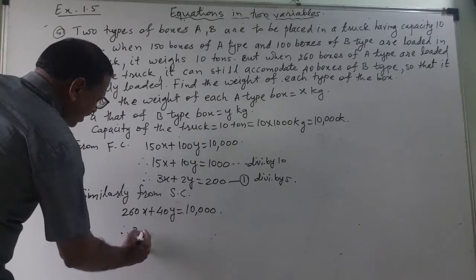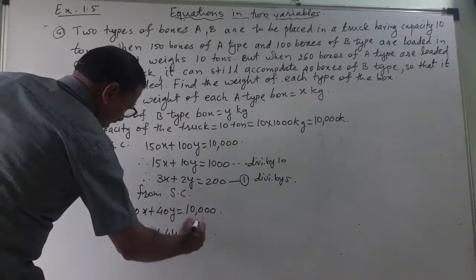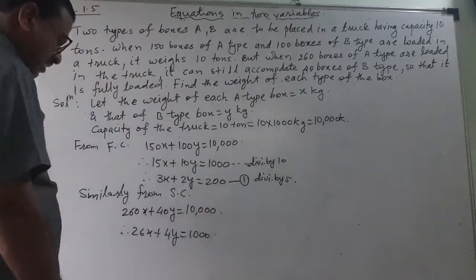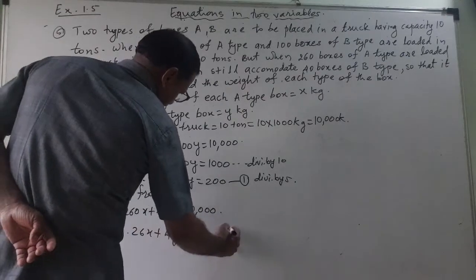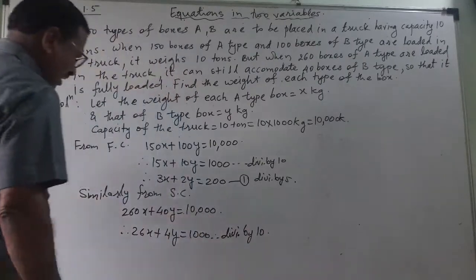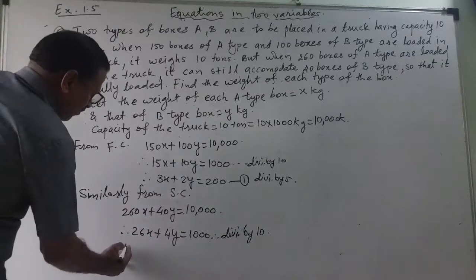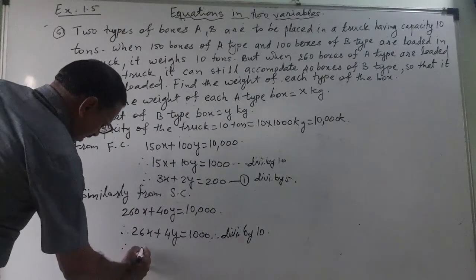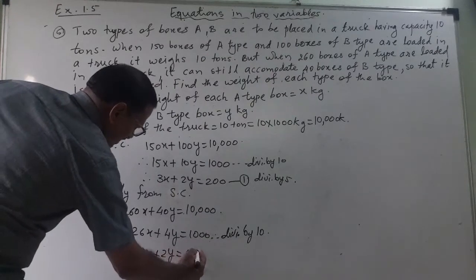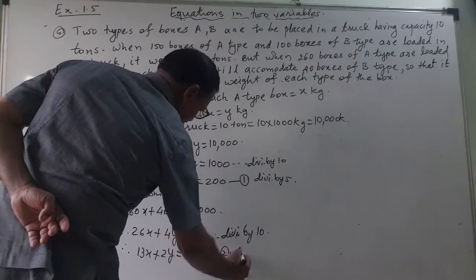Therefore this will be 26x plus 4y, and the 100 will be cut. Again I can divide by 2. Therefore 13x plus 2y is equal to 500. Divide by 2, this is equation number 2, and divide by 2.